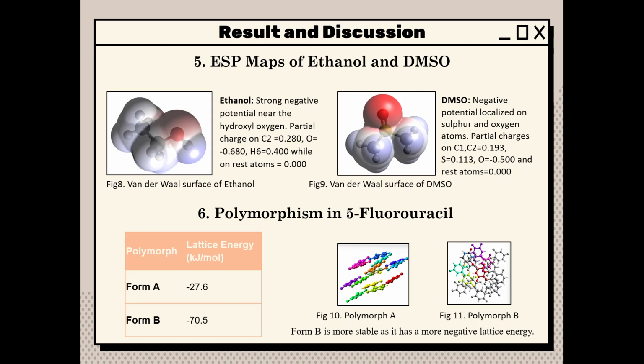Also, for DMSO, the negative potential was localized on sulfur and oxygen atoms, with partial charges as 0.113 on sulfur and minus 0.500 on oxygen. These maps highlight both molecules have a polar nature and are crucial for solvation and interaction studies.